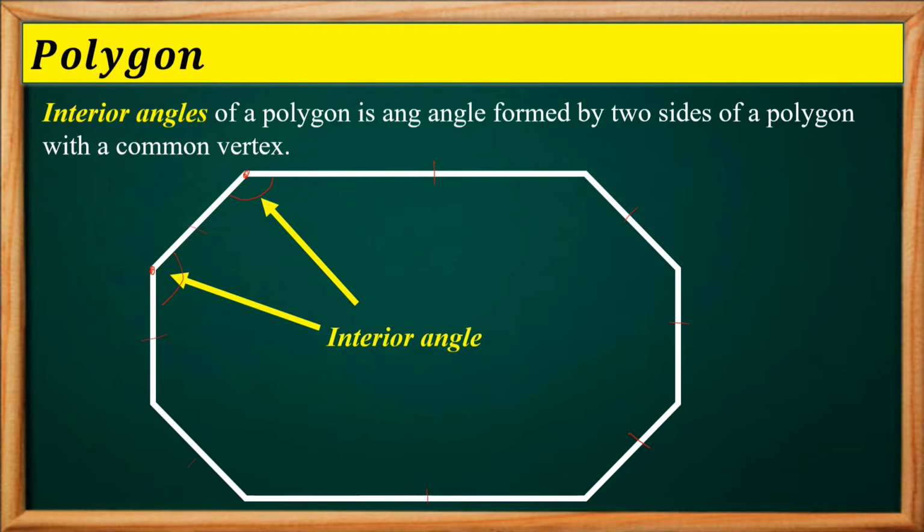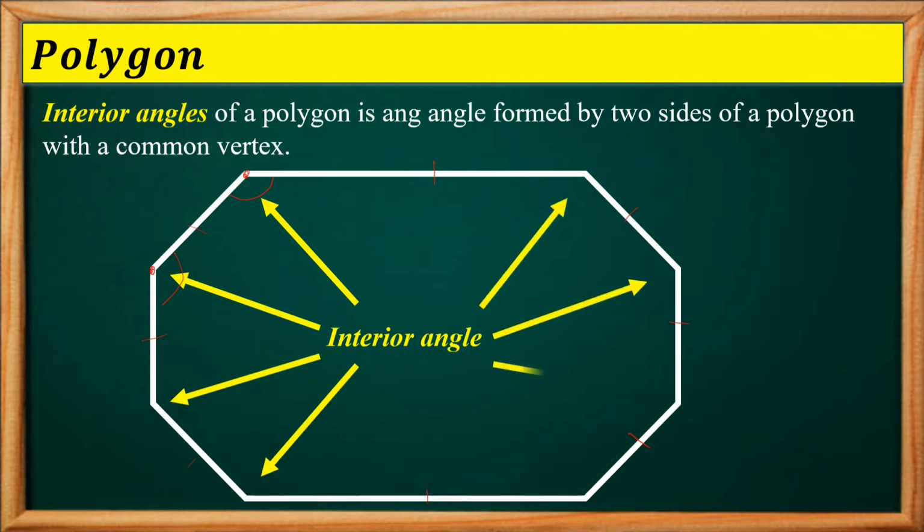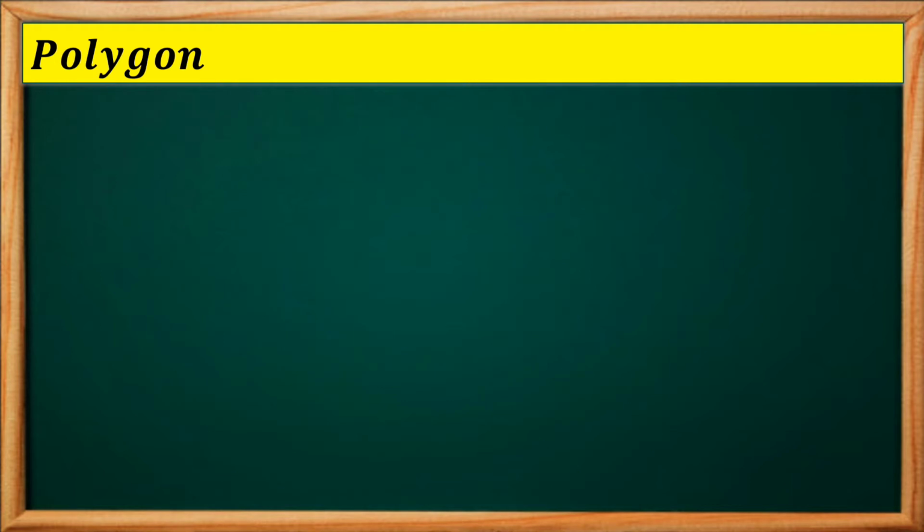Since we have 8 sides, then we have 8 vertices and 8 angles. Meron tayong interior angles dito, all around the polygon.